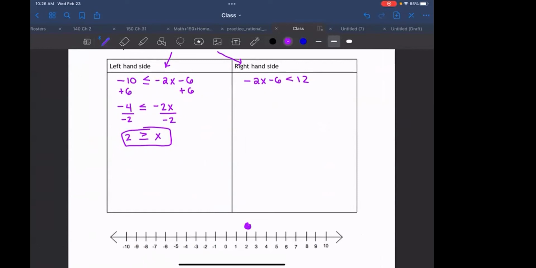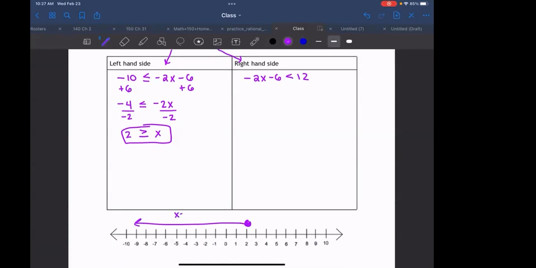What side is going to get the line here? The left, right? Because if we pick x equals -4, 2 is bigger than or equal to -4, so that works.